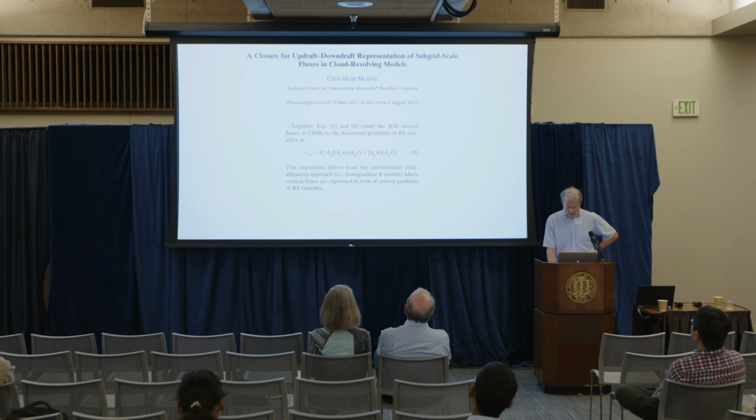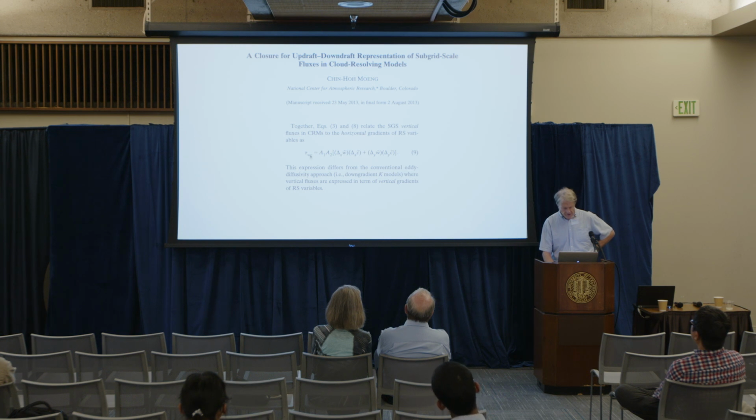Turns out that much more recently, Chin-Hoh, through analysis of a giga LES, basically a high-resolution model of deep convection, had shown that to get correct vertical fluxes, this is the vertical flux of a scalar C, you needed to look at the horizontal gradients.